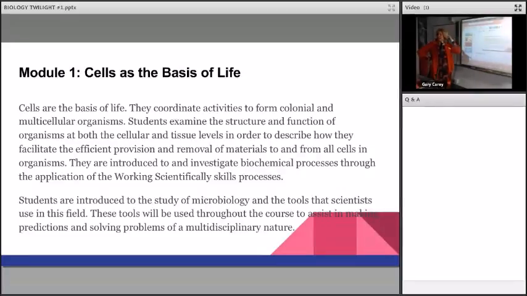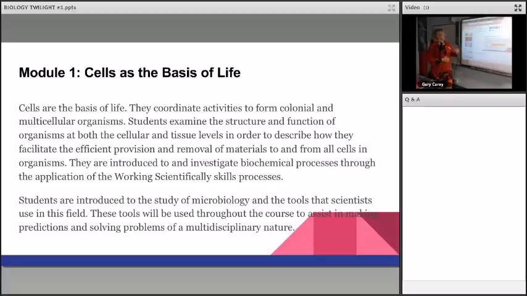This module is only about cells. That's very confusing. It also talks about tissue level, and again, we don't do it in this module. It comes up in the next one. And an incorrect word there says biochemical processes. It should say pathways. It should be biochemical pathways through the application. It's a bit pedantic, but that's right.